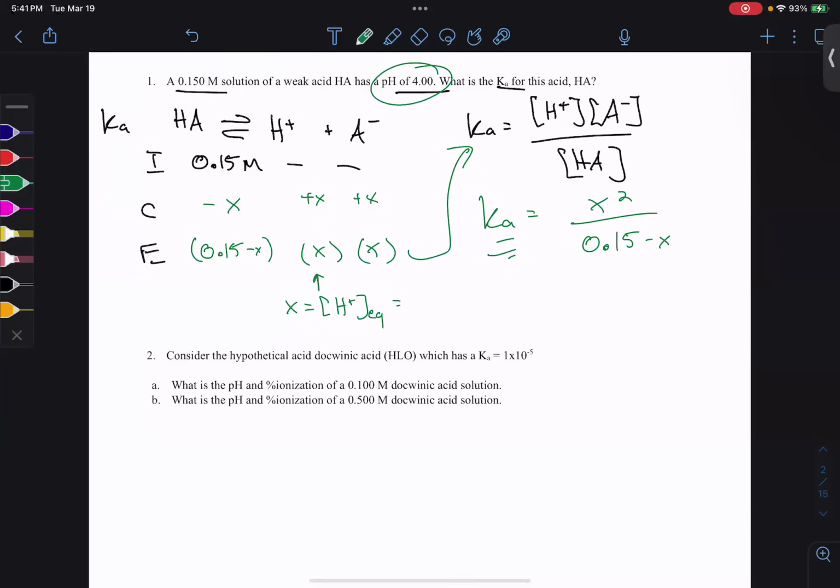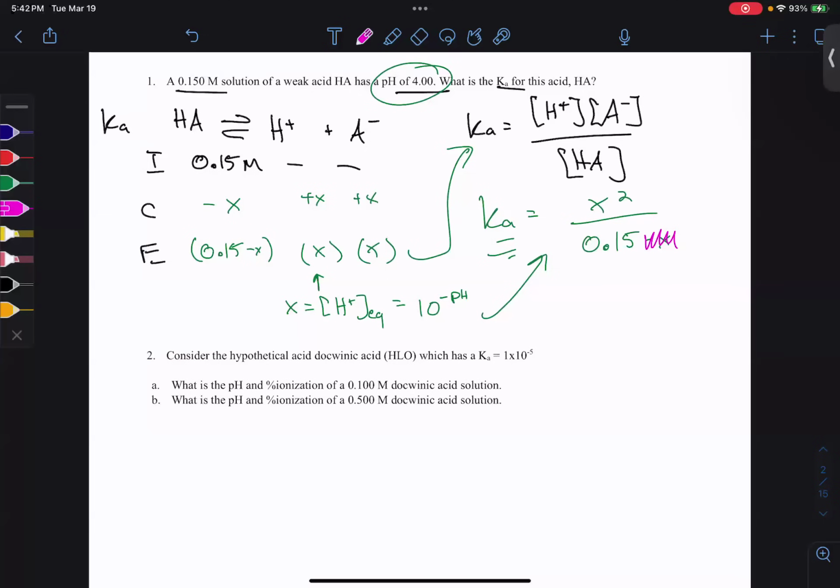So x is equal to 10 to the negative pH that is given. That is what x is. So there's our hint at the equilibrium line. So we know exactly what x is. We plug it into the Ka expression to solve for Ka, because we know what x is. Would it be appropriate to do an approximation here? Why should I not take away that minus x? I thought we do that all the time.